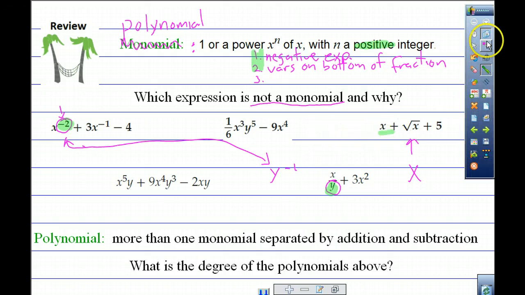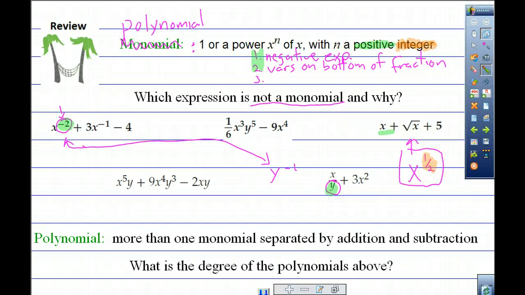The third one has to do more with the fact that it's an integer. Any square root can be written as a fraction exponent. So square root of x is actually x to the 1/2. The reason this is not a polynomial is because it's not an integer, which is -1, -2, 1, 2, 3, 4. It has to be a whole number.